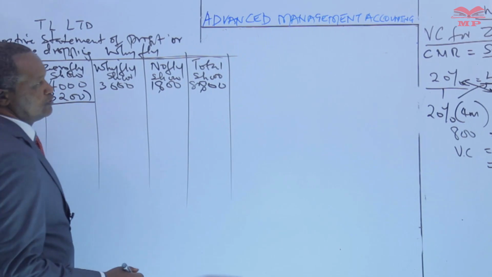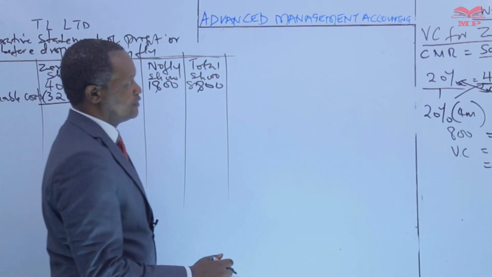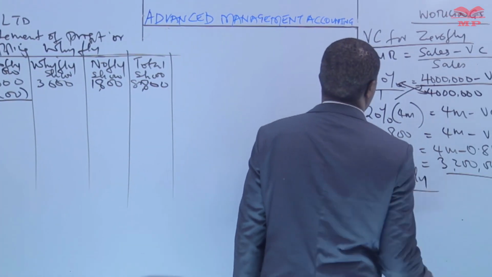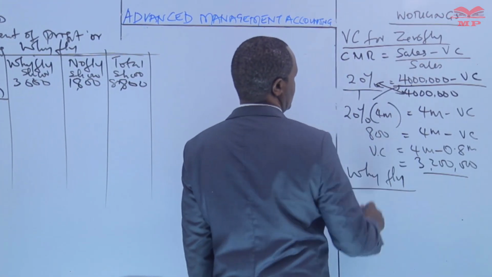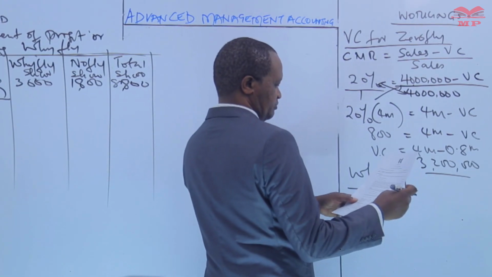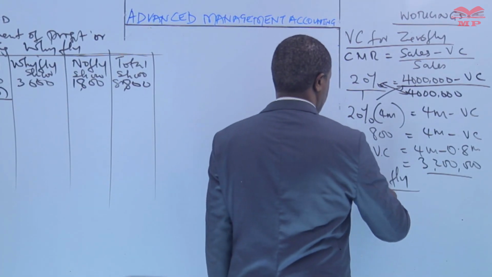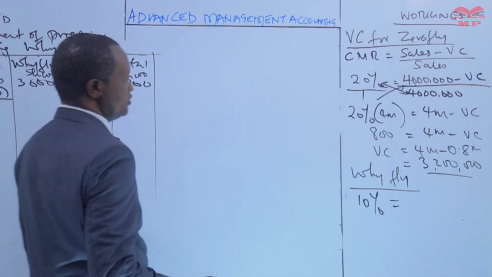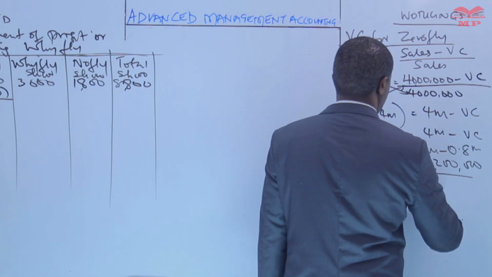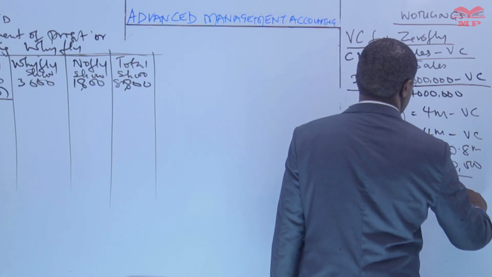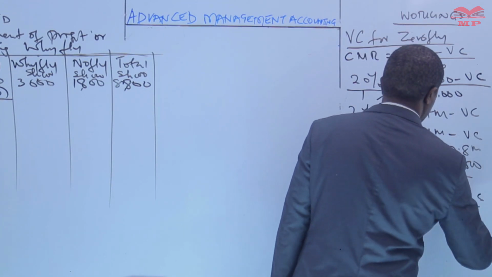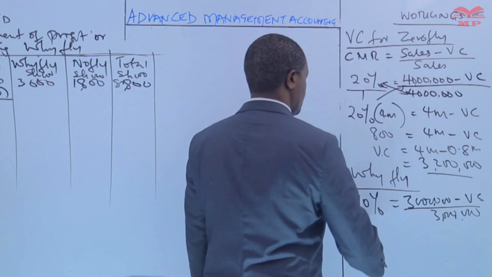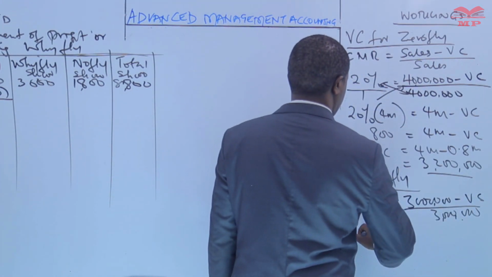We do the same for Y-fly. The contribution margin ratio for Y-fly is 10%. So we have 10% being equal to the sales for Y-fly, 3 million, minus variable cost over 3 million.